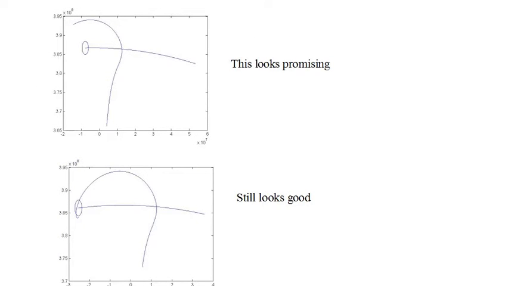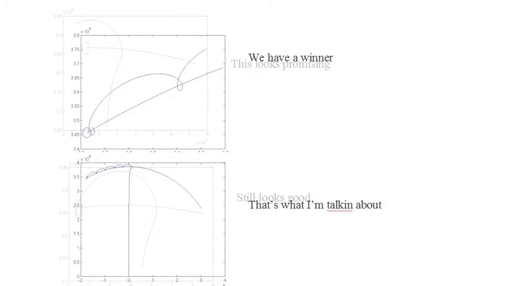We do that, and the results look promising. So we increase the flight time. It still looks good. So we let it fly, and we have a winner. The bottom graph shows the complete trajectory from start to finish.